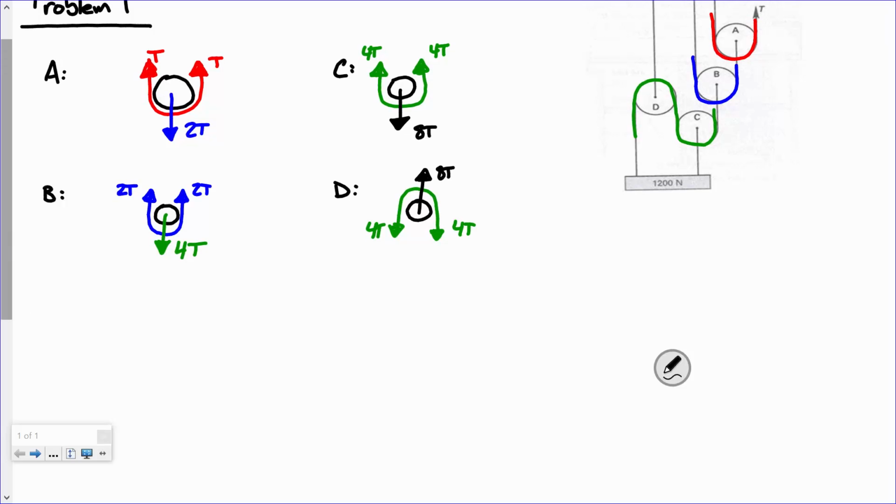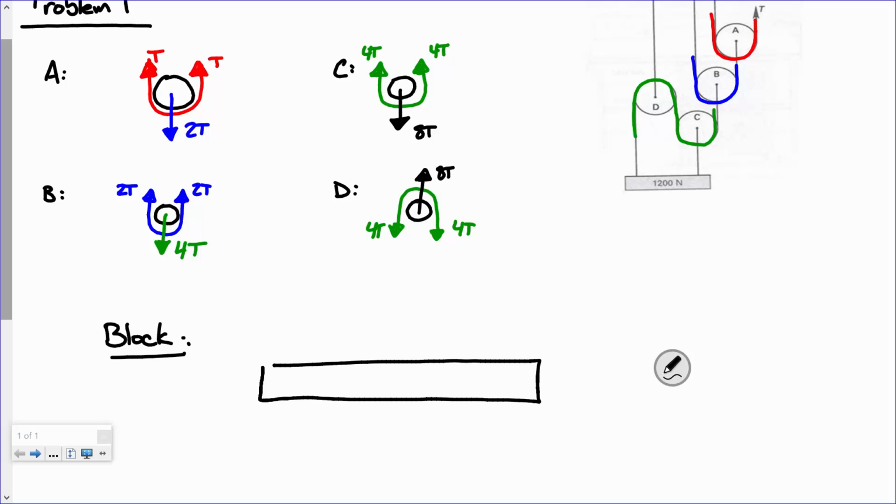So if I look at my block, all right, here's my block, right? 1,200 newtons, right? So what ropes are attached to that block? Well, I've got over here, I'm going to have a green rope holding that up, and I'm going to have a rope over here holding that up.